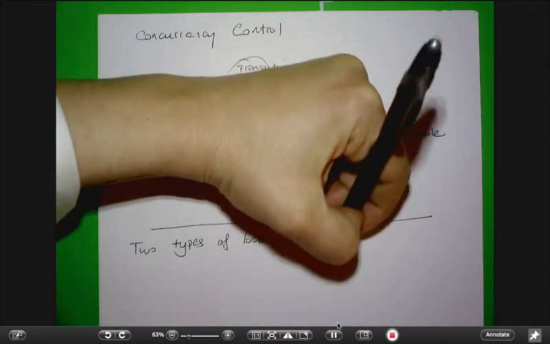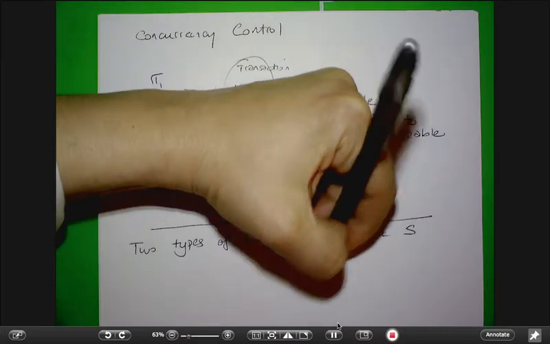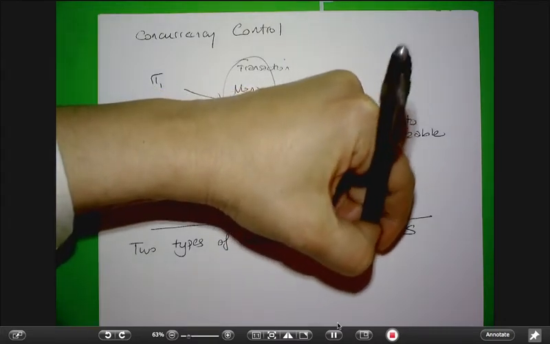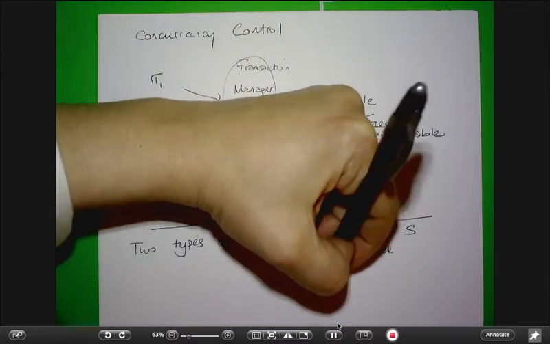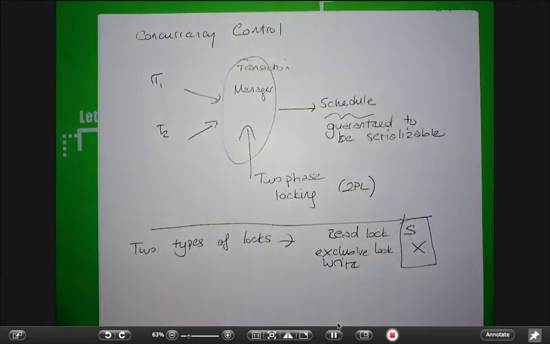A read lock, S, and an exclusive lock, or write lock, X. So the idea is that only one transaction can have a lock X and no other types of lock, whereas multiple transactions can read the same item at the same time.